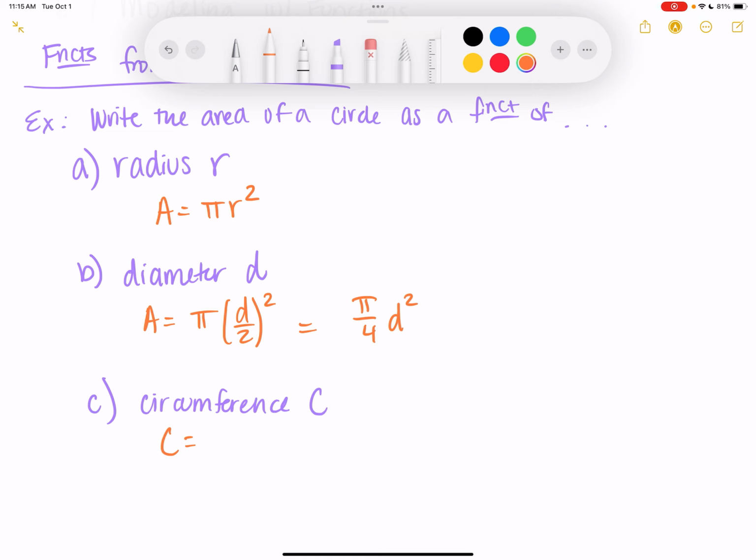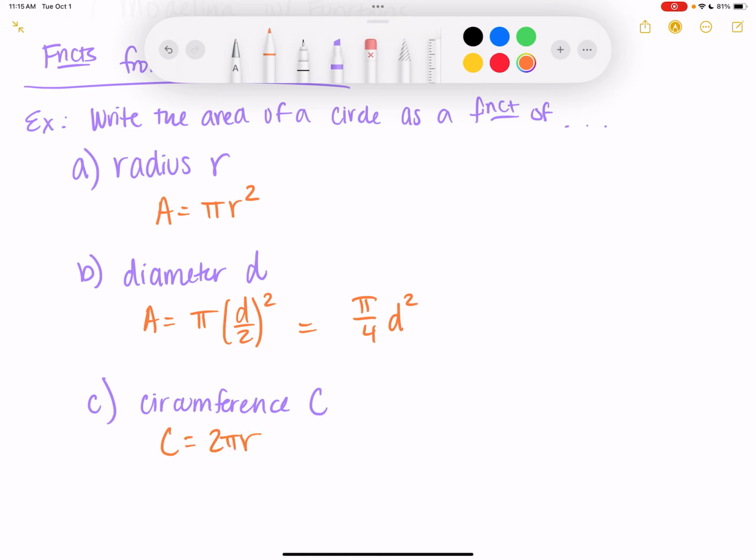Can the diameter give us the circumference? I just want the equation for circumference. We should know this. Pi times radius? That's part of it. 2 pi times radius. 2 pi r is the equation for circumference.